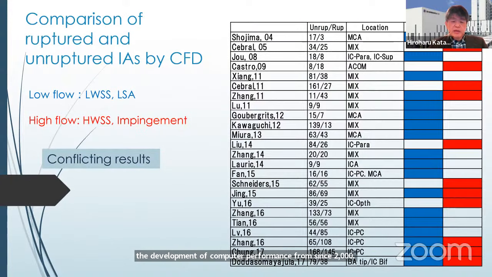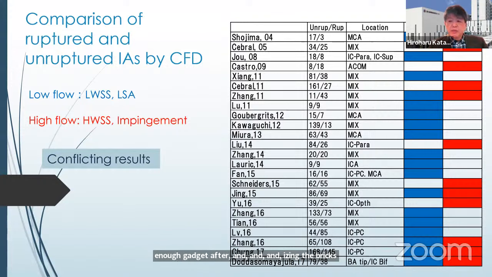The CFD study of intracranial aneurysm was first published in 2004 by Dr. Ujiie at Tokyo University. In this paper, they insisted that low wall shear stress is related to rupture. After that, many papers were published comparing ruptured aneurysms and analyzing the risk factors for rupture.